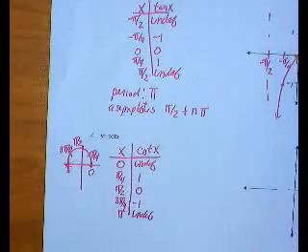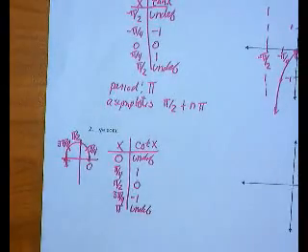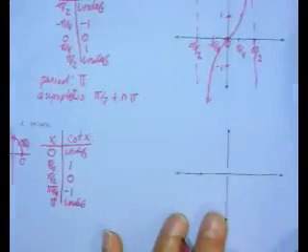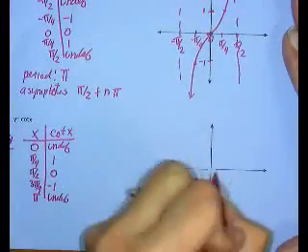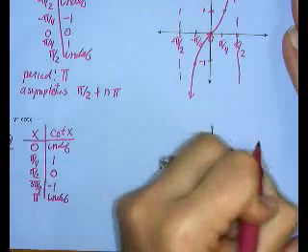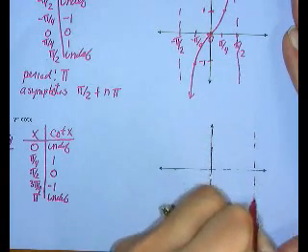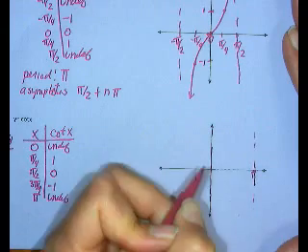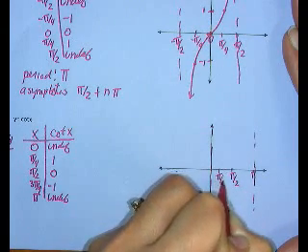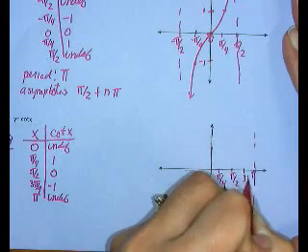So it will look similar, but now your graph is a little bit different. So go over to your graph, and now you're going to have an asymptote that's actually on the y-axis, and an asymptote out here at pi. You've got pi over 2, pi over 4, 3 pi over 4.